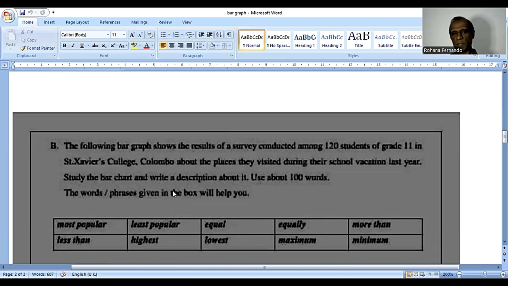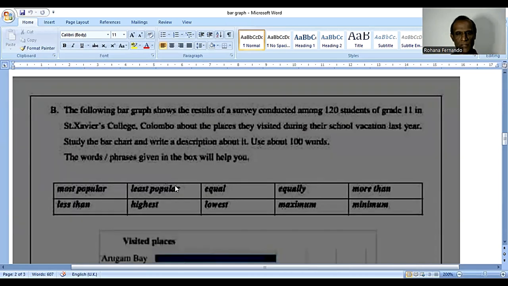The following graph shows the results of the survey conducted among 120 students of grade 11 at St. Xavier's College, Colombo, about the places they visited during their school vacation last year. Study the bar chart and write a description about it. It's about 100 words. The words are given.